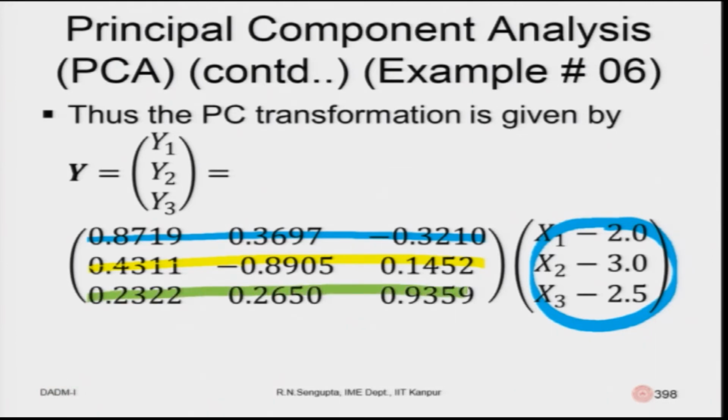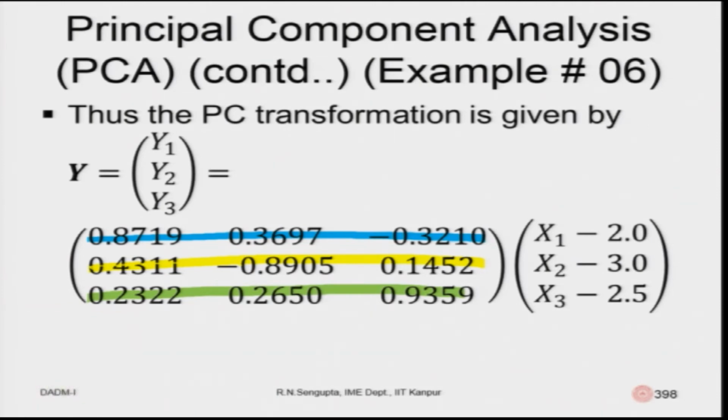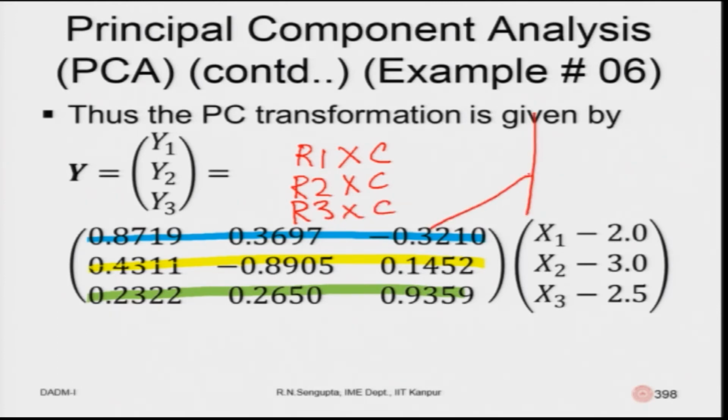So, what we are going to do? We are going to multiply the first row into the column, then second row into column, third row into column, such that in the 3 dimension case the first one will be the principal component corresponding to this, second one will be orthogonal.